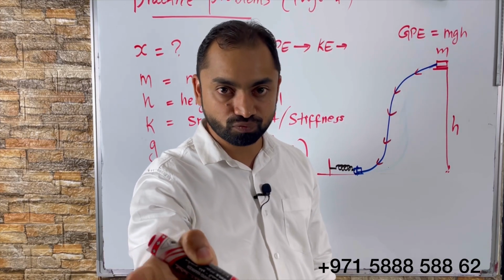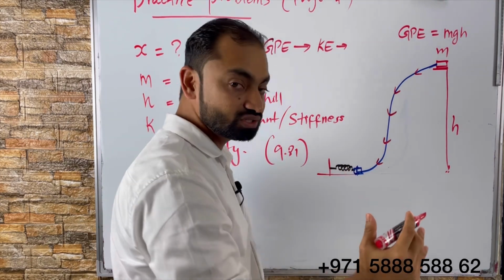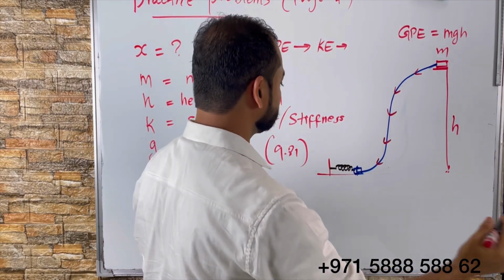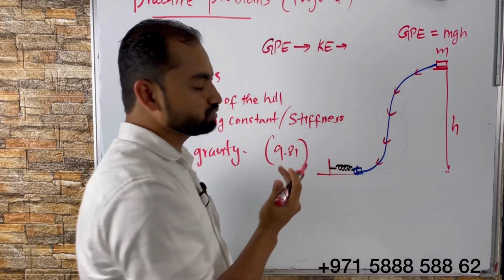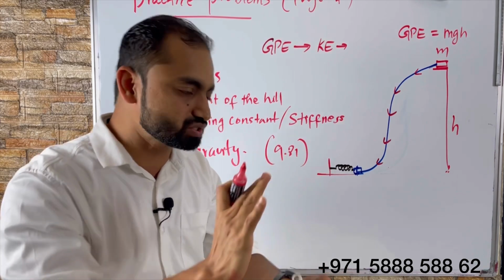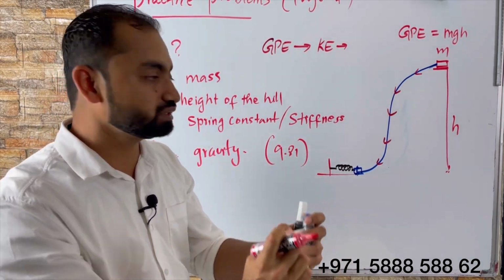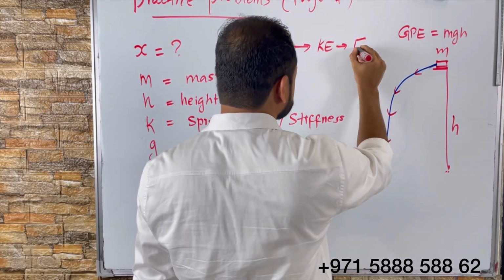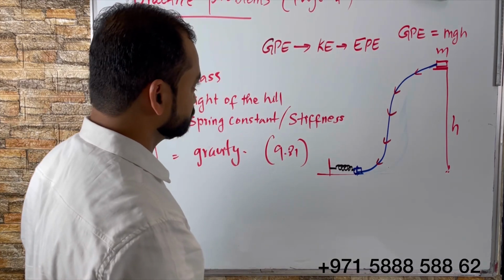Energy changes from one form to another. So when the spring is compressed, energy will be stored in the spring, that is called the elastic potential energy of the spring.